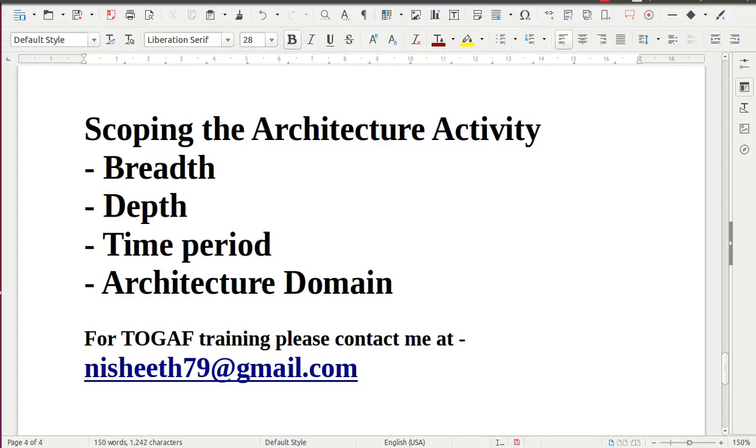What departments are considered as part of the architecture activity? You consider HR and finance or payroll, but maybe there are a few other domains like manufacturing or sales that are not considered as part of this architecture activity based on the availability of resources. So in case of breadth, we define the extent of the enterprise considered for the architecture activity.